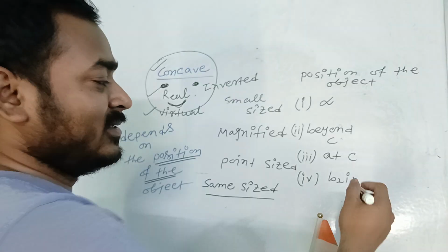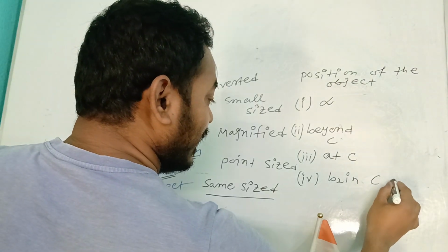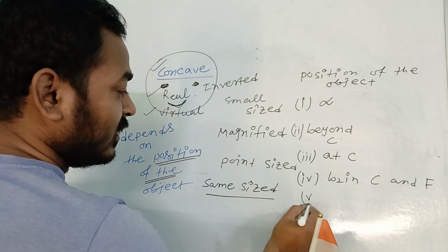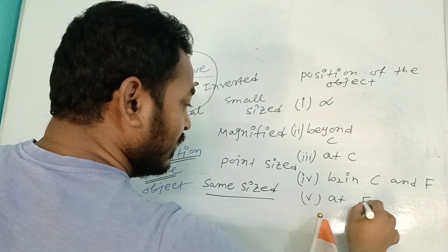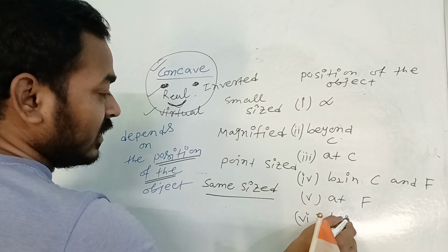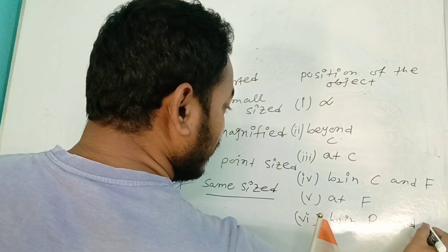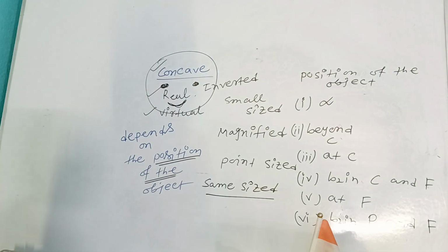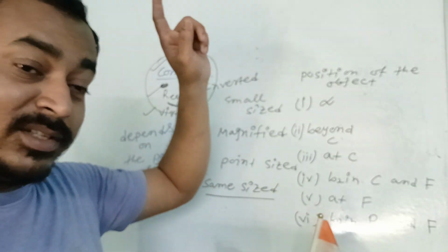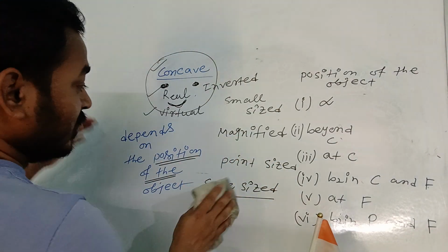So I'm writing here in between style, between C and F. Number fifth, at F. Write it at F. And the sixth one, between P and F. Okay, so at infinity, beyond C, at C, between C and F, at F, between P and F. Let me draw it, then it will be clear for you.